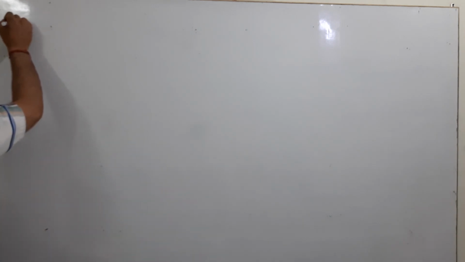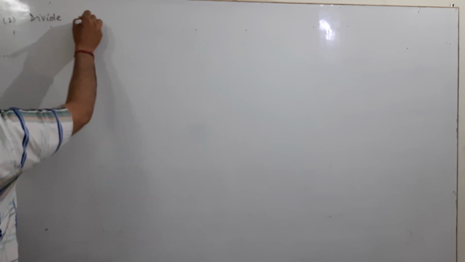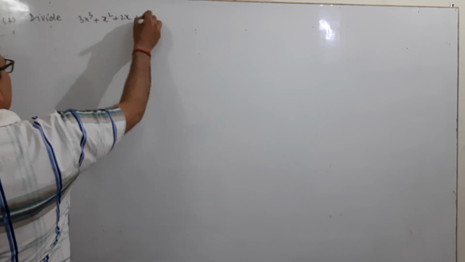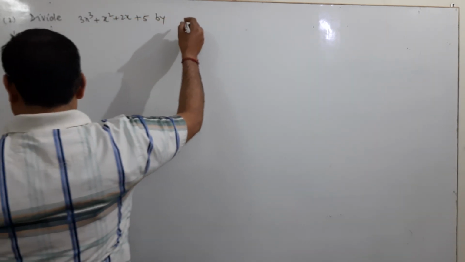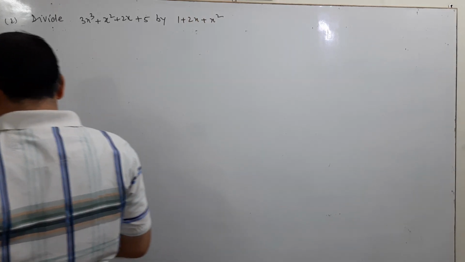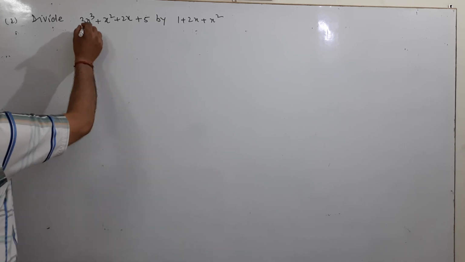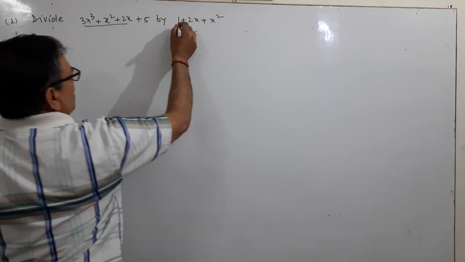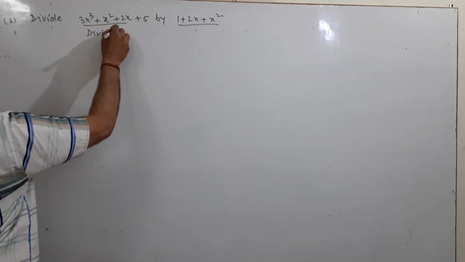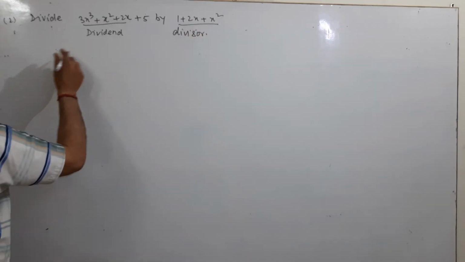Now move to one example. Example two: divide 3x cube plus x square plus 2x plus 5 by 1 plus 2x plus x square. This is your p(x), this is your g(x). It is the dividend and it is the divisor. So we have to divide.